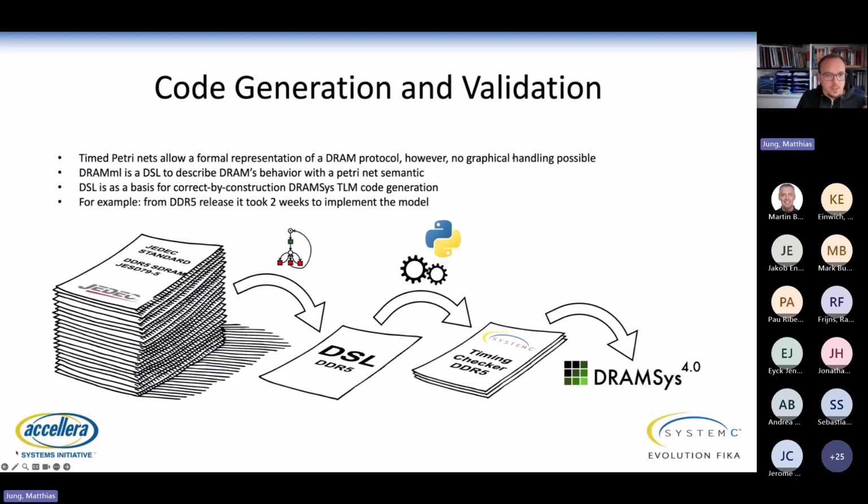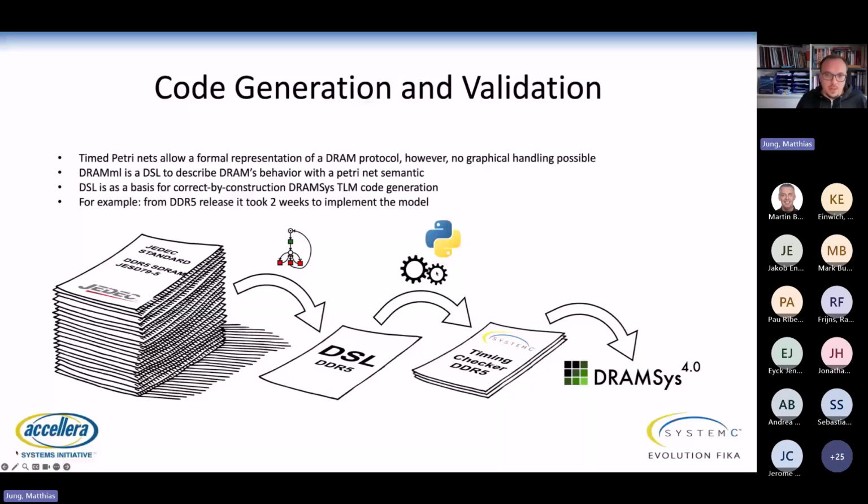So how does it work? If a standard comes out, then we will read it, we will understand it, and then we write down basically the behavior of these timing diagrams and all the dependencies in our DSL. And this DSL is written in Python.